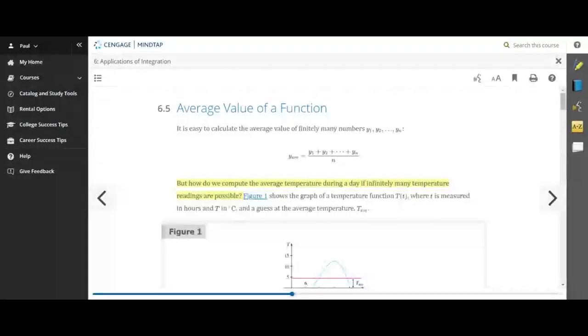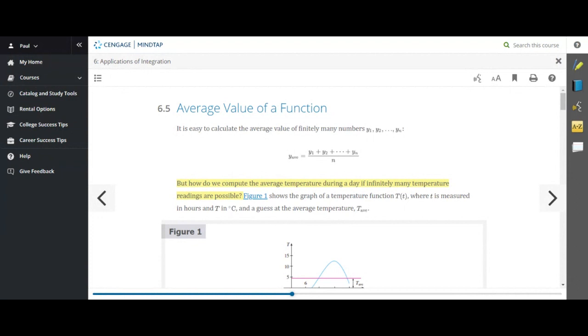We are interested, of course, now in section 6.5 in finding what's called the average value of a function. So they mentioned it's easy to calculate the average of finitely many numbers. And these y values, y1, y2 up to yn, are values from some function.